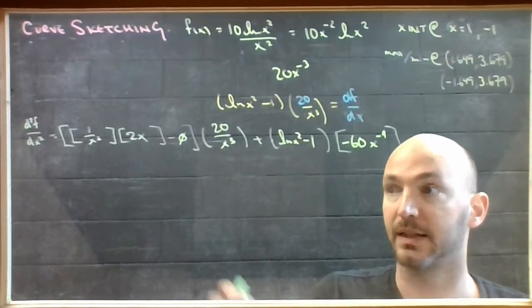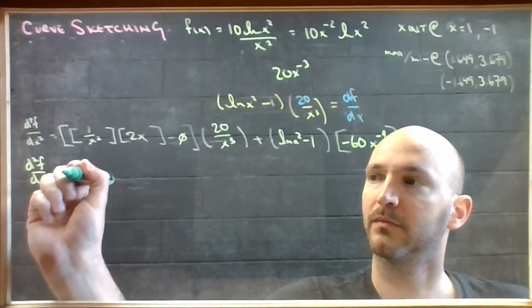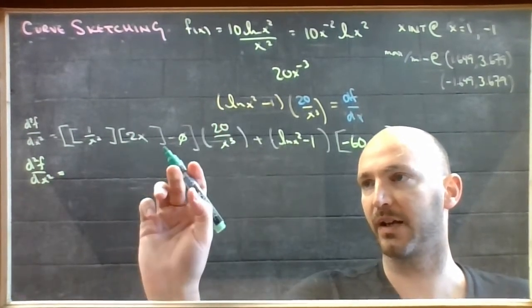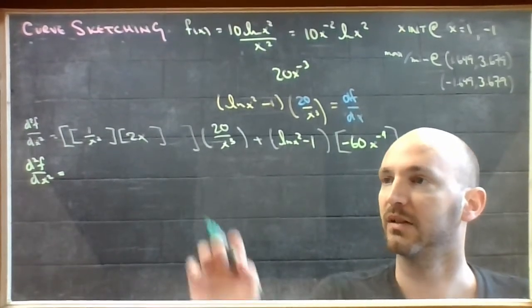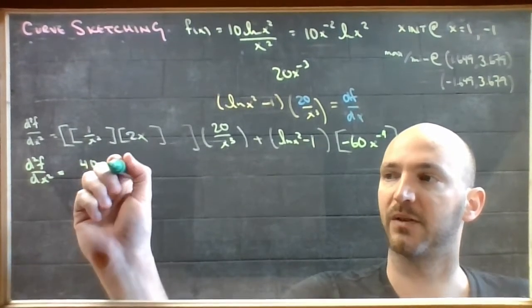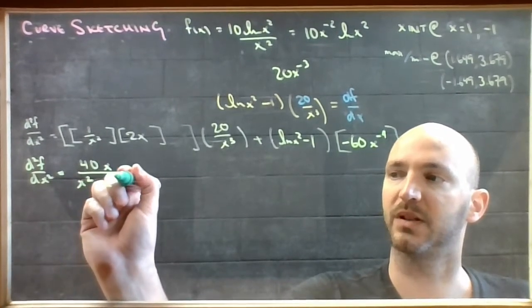Alright, so I'm going to clean this mess up. In this front term, I have a 20 multiplied by 2. Actually, this subtract 0 doesn't matter. I'll just get rid of it. 2 times 20 is 40. And there's a power of x up top, an x squared in the bottom, and an x cubed in the bottom.